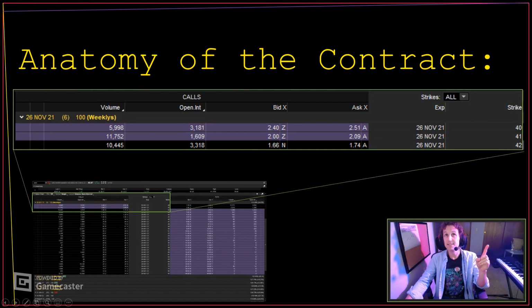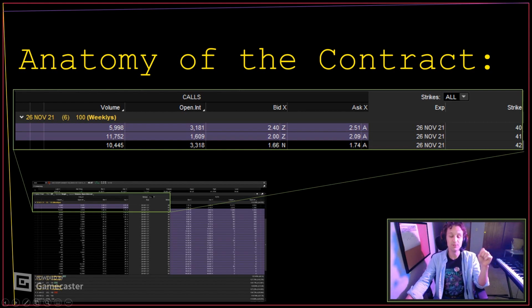So for instance, here, let's just say we have $1 of intrinsic value here, and the bid and the ask are over $1 above that one, like $2. So there's like $1 of intrinsic value and $1 of extrinsic value.